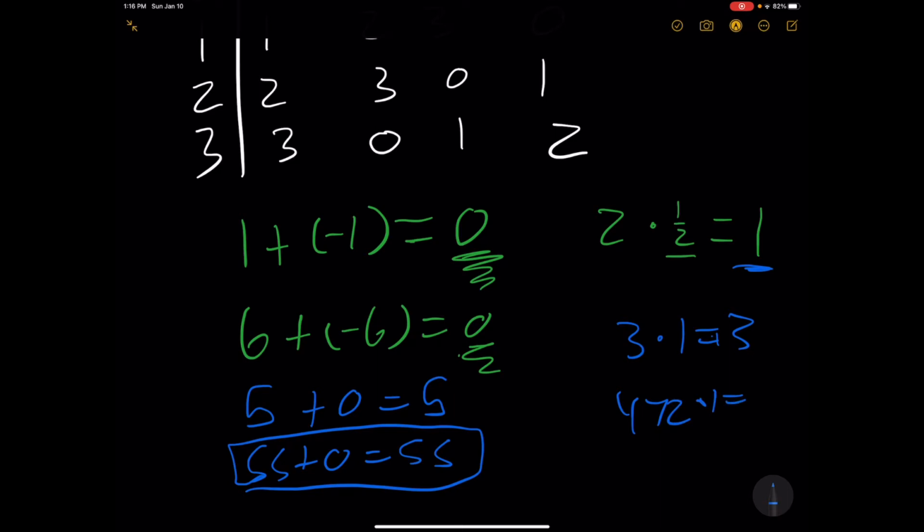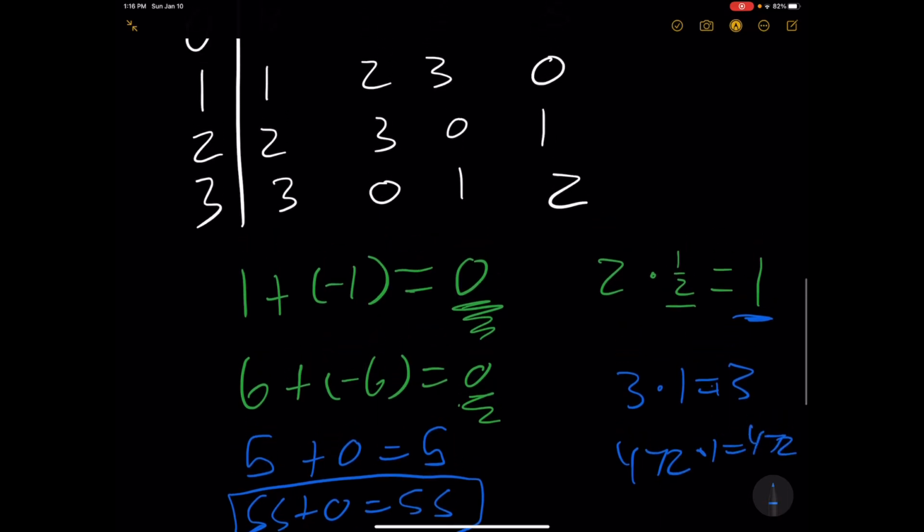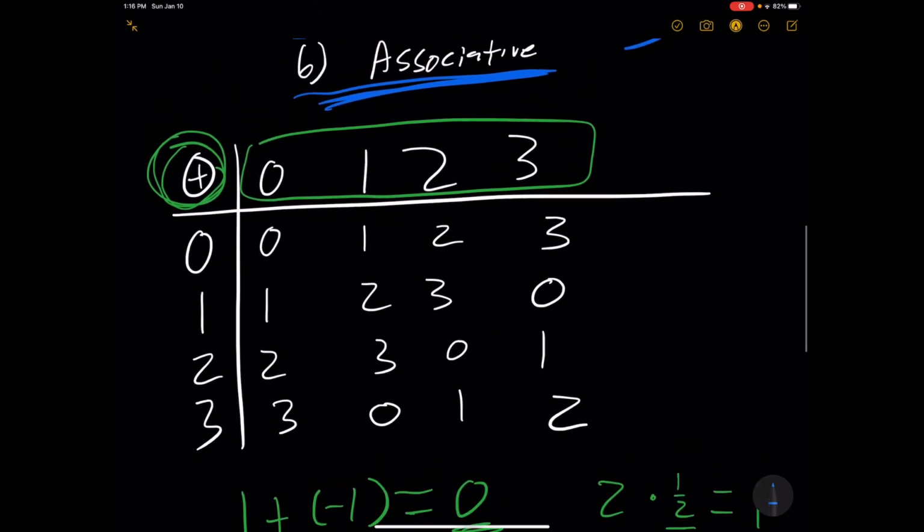472 times 1 equals 472. Our identity just keeps our operation the same, keeps our element the same. So in what case here would, for example, let's start with 0. 0 plus sign, some element here equals 0.